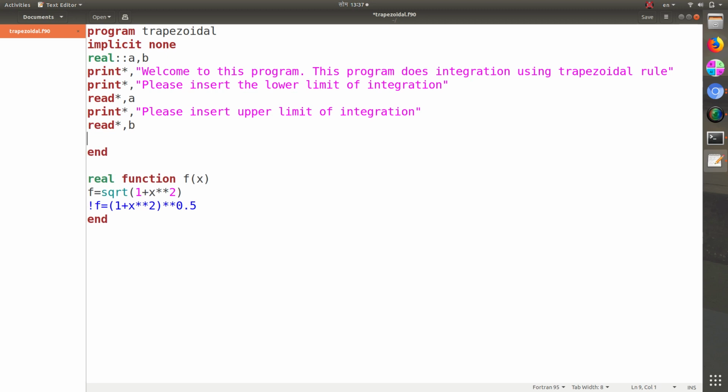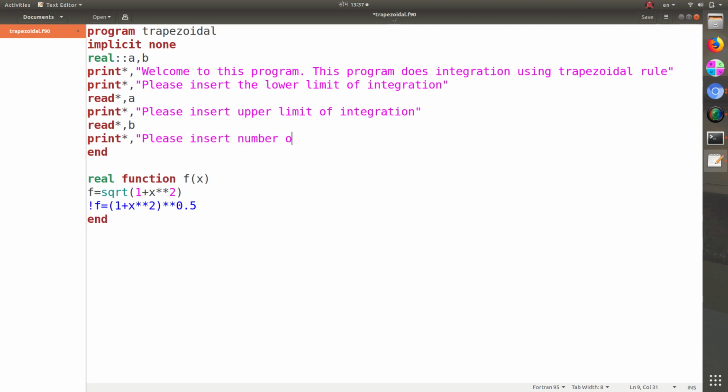Now we want to divide this a and b into different sub intervals. So we don't know how many sub intervals we want to define. So please insert number of sub intervals.